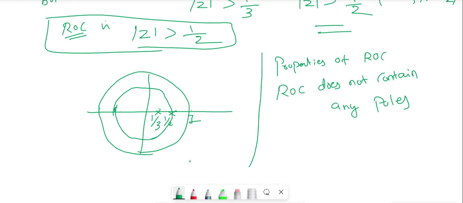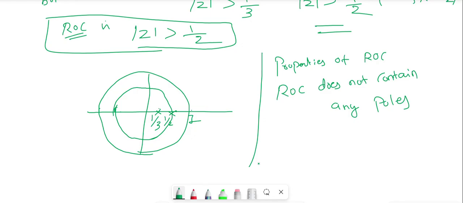So this is a continuation of the last session, the introduction to the Z transform. We solved different problems in this session. With this we can conclude the Z transformation, its properties, and some of the standard forms.